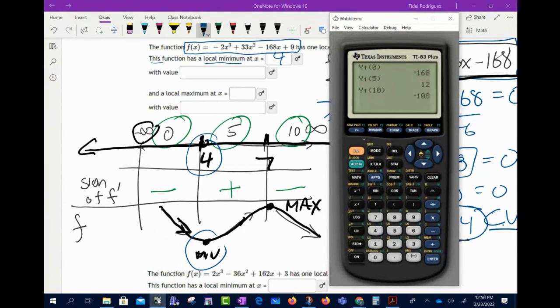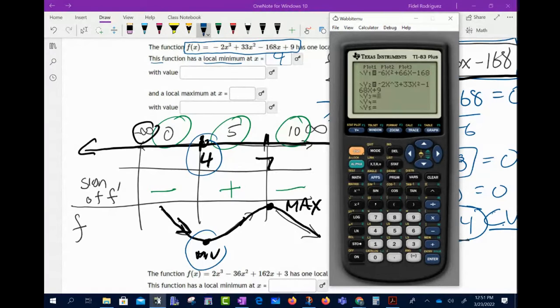Okay, so look, y'all, let's do this. Let's go over here to the second one and enter the original function: Y equals negative 2x to the third plus 33x squared minus 168x plus 9.